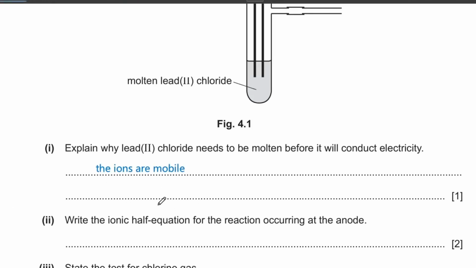So the answer is simple: so that the ions are mobile, or so that the ions are free. So you know that for an ionic compound to conduct electricity, it must be molten or dissolved in water. And the essence why it must be molten or dissolved in water is so that the ions will be free to move, or so that the ions will be mobile and conduct electricity.